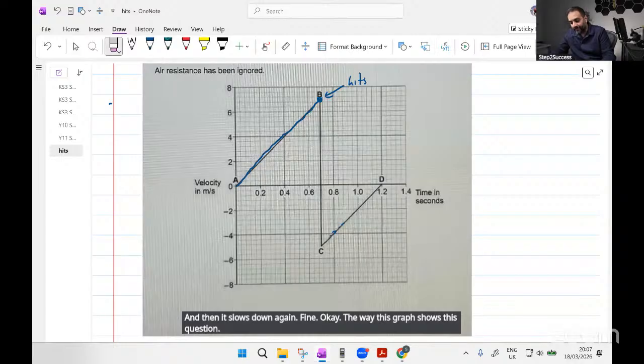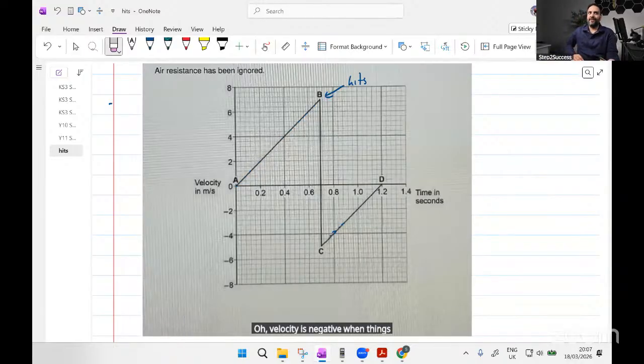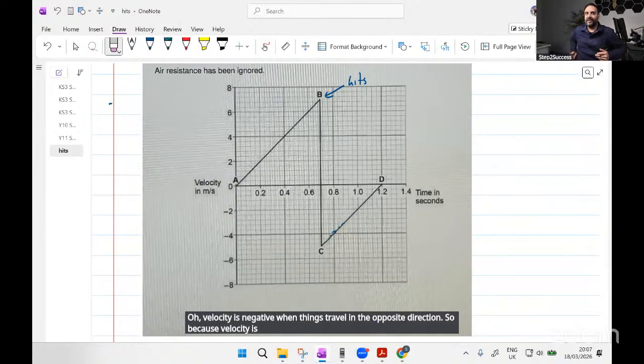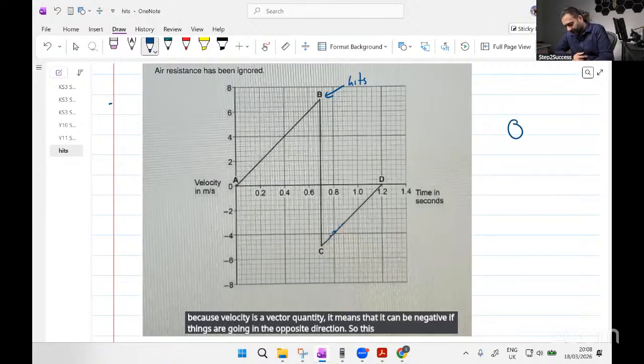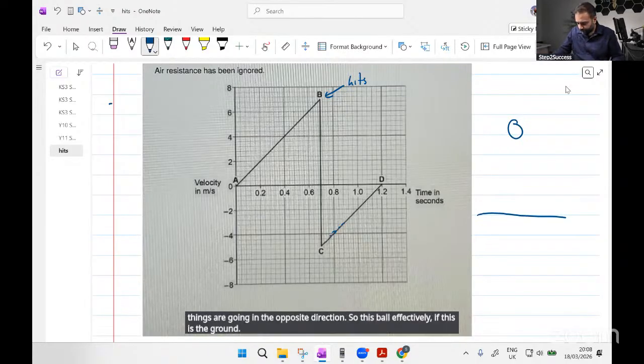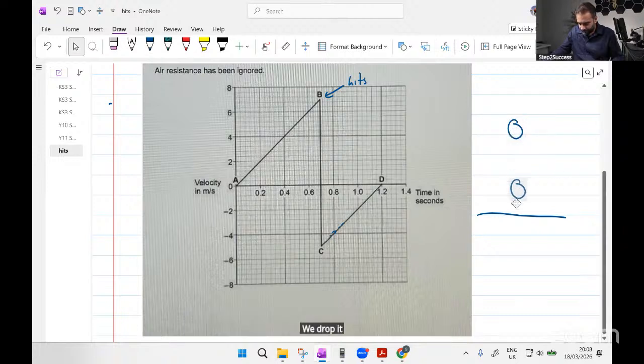Oh, velocity is negative when things travel in the opposite direction. Because velocity is a vector quantity, it can be negative if things are going in the opposite direction. So this ball, if this is the ground, we drop it, it hits the ground, and now it's going the other way.